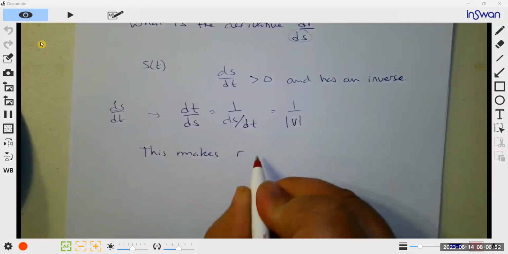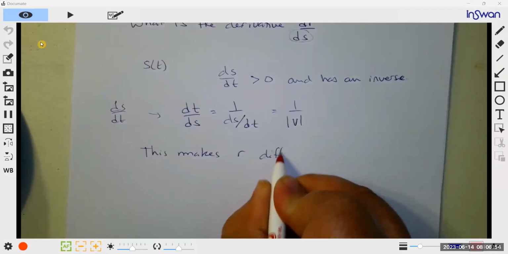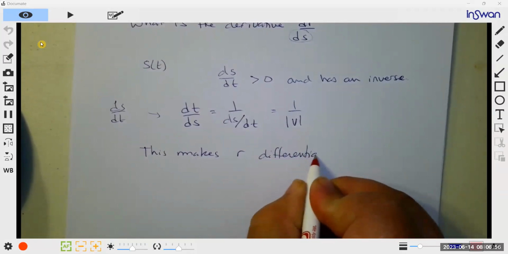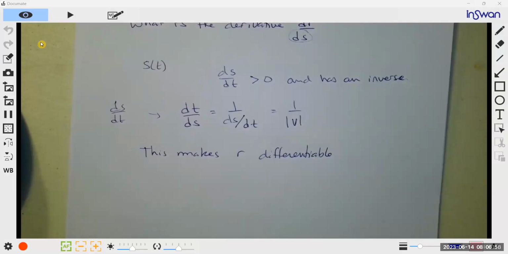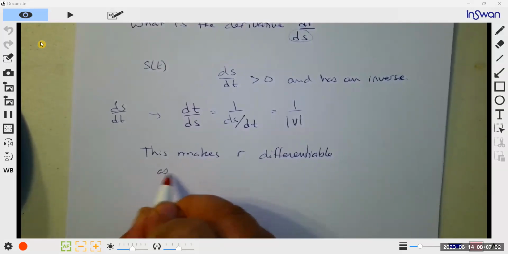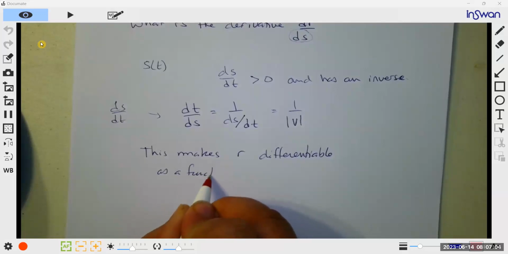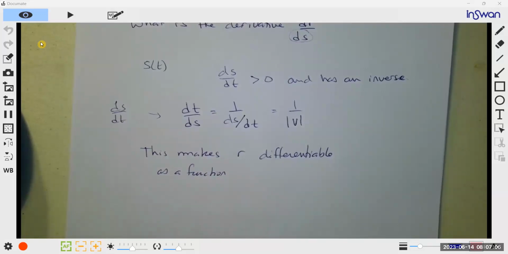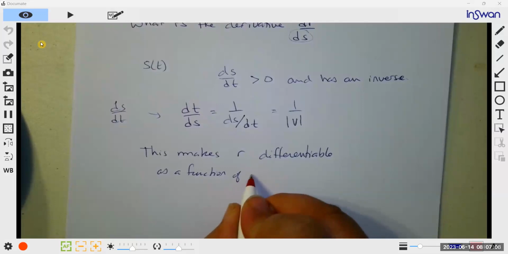This makes r differentiable as a function of s.